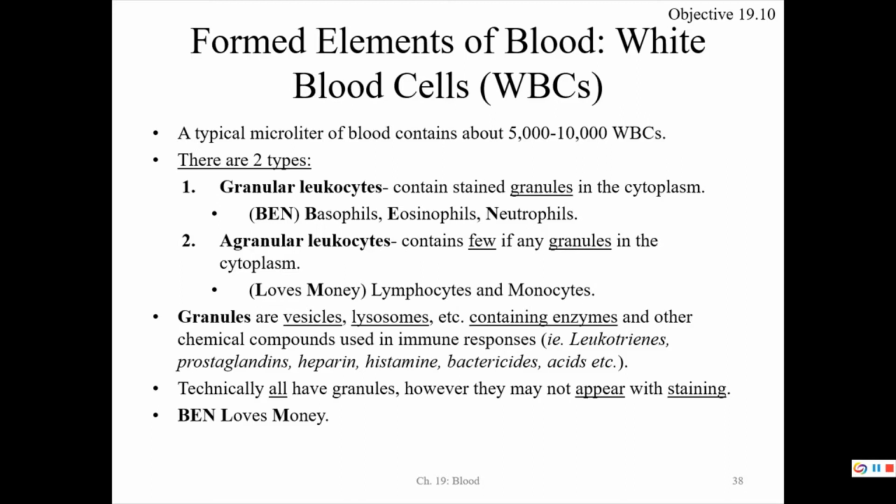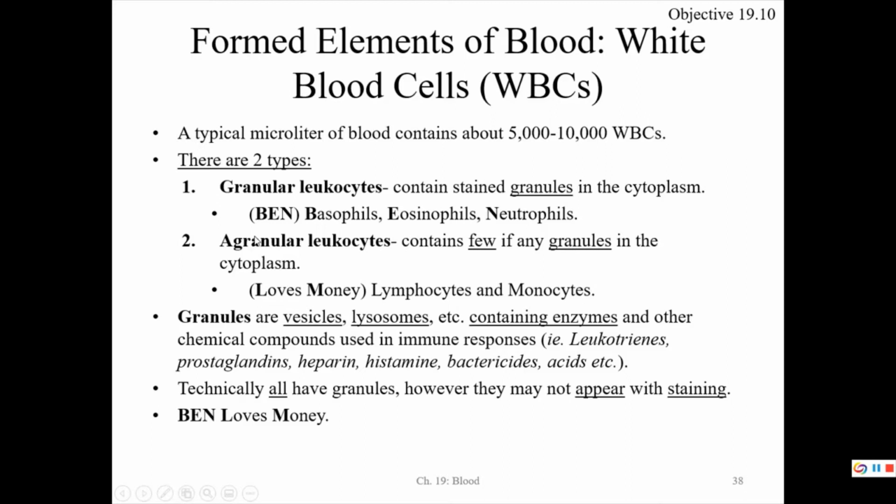Think Ben loves money. I always say Ben is granular. Ben granular. Agranular loves money. So Ben, basophils, eosinophils, and neutrophils are the granular leukocytes, whereas the agranular leukocytes actually have few, if any, granules.